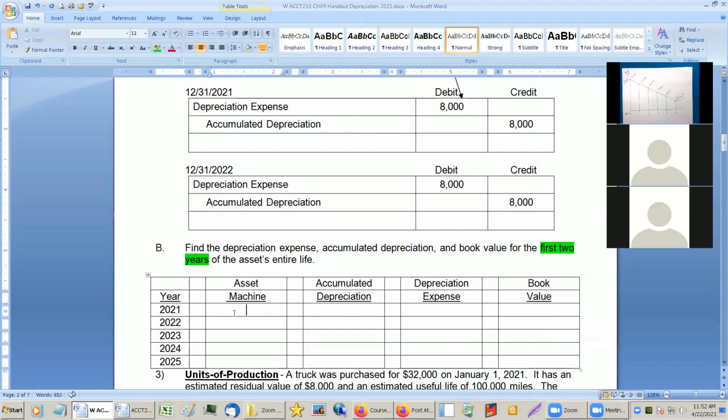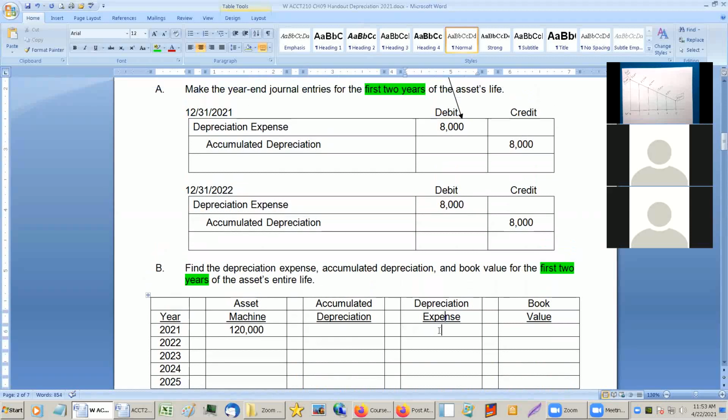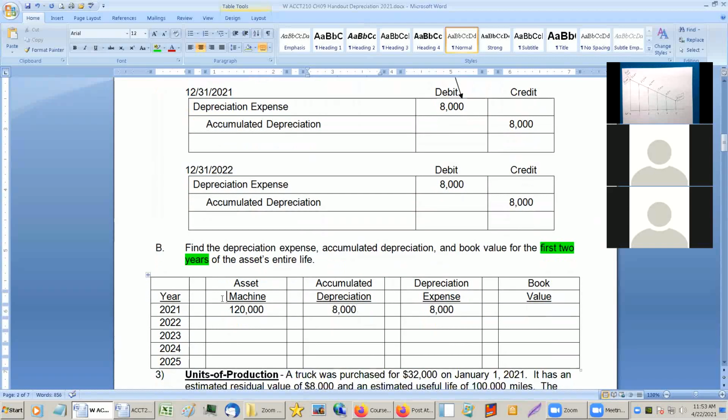Okay, so 120,000. This depreciation expense would be 8,000. And the cumulative depreciation for the first year would be exactly the same. It's the depreciation for 1 year.